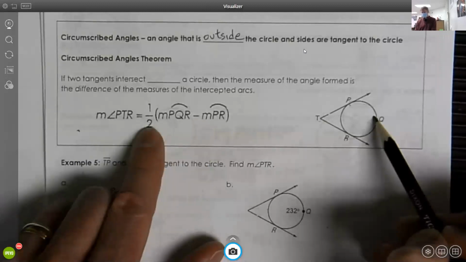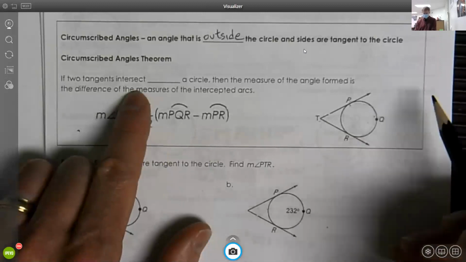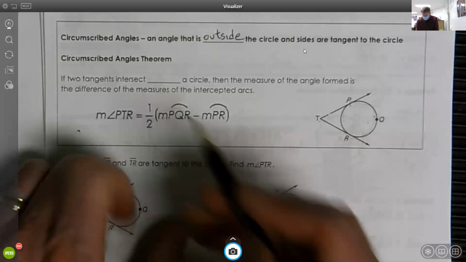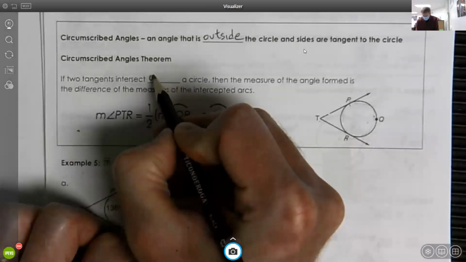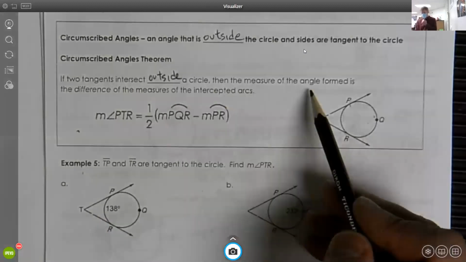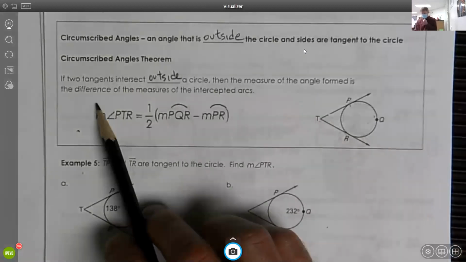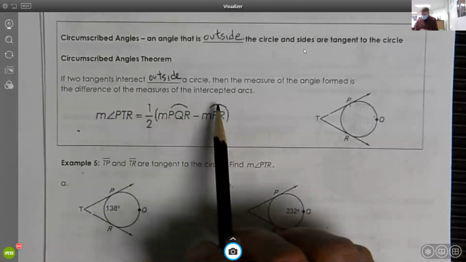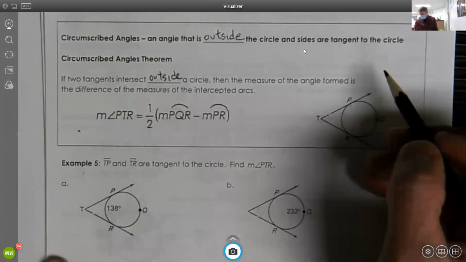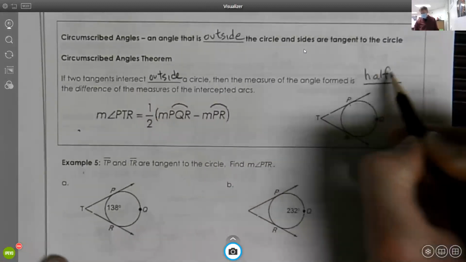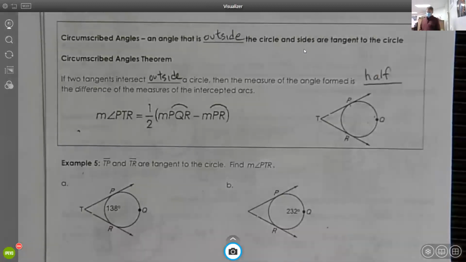If two tangents intersect outside a circle, then the measure of the angle formed is half the difference of the measures of the intercepted arcs. You've got to throw the word half in here.